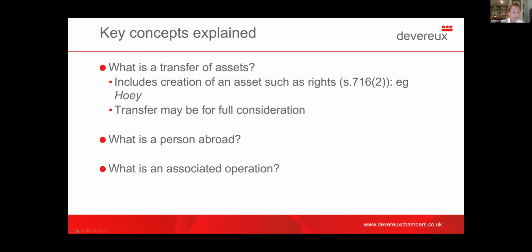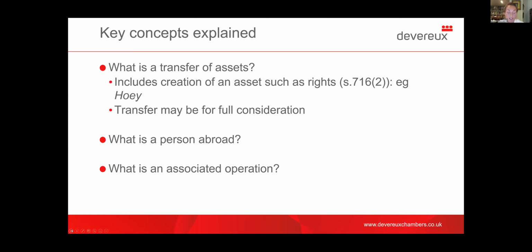So next, what is a person abroad? Sorry, getting ahead of myself. So this is defined in section 718 as a person who is resident outside the UK or an individual who is domiciled outside the UK.